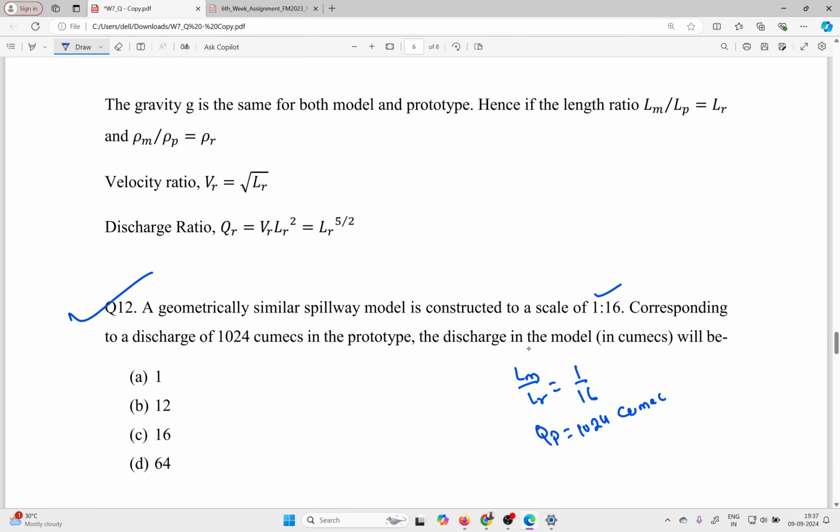The discharge in the model in cubic, discharge of model you need to find. So here you will use, again, Froude number similarity.